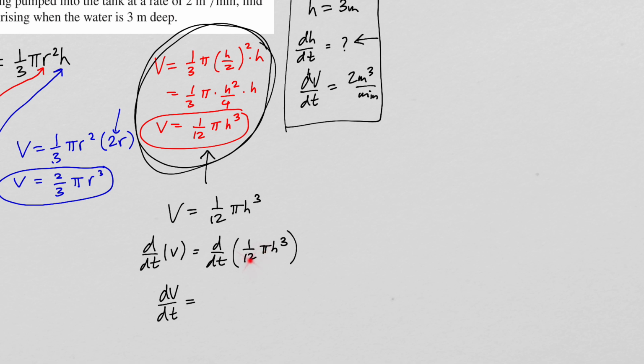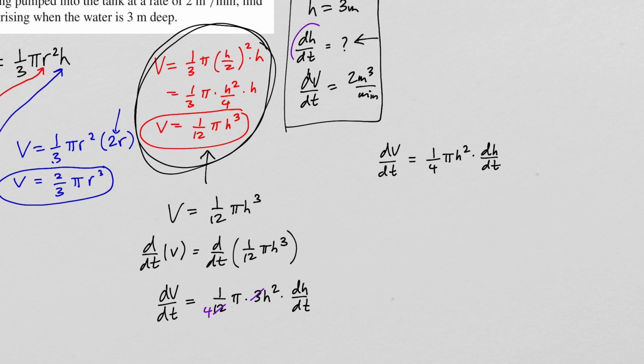The derivative here, we're going to keep the constant 1/12 pi times the derivative of h cubed, which is 3h squared times dh/dt. And this means that dV/dt will be equal to 1/4 pi h squared times dh/dt. And all I did here is cancel 3, goes into 12, 4 times.